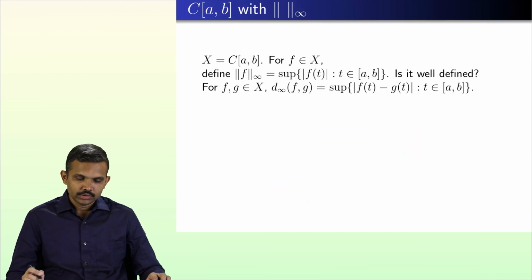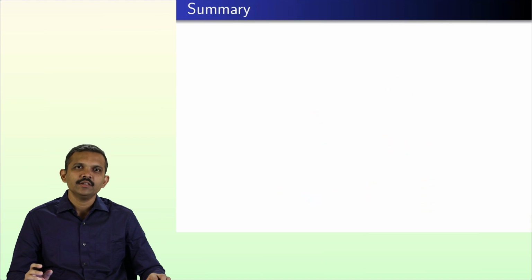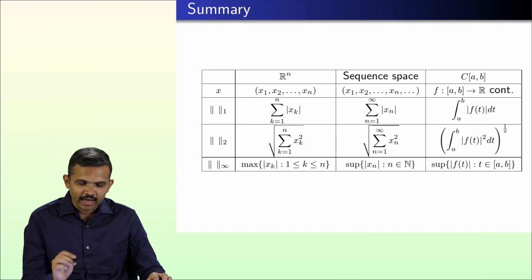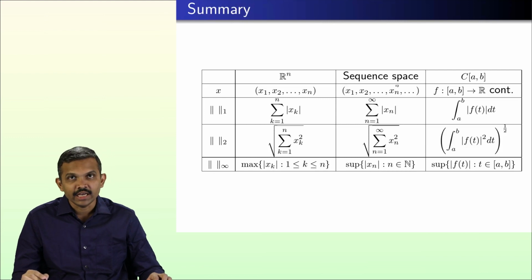Now, just to summarize, let us see what we have. Let us have all the examples in one stroke, that is, we have Rn, we have sequence spaces and we have C[a,b].